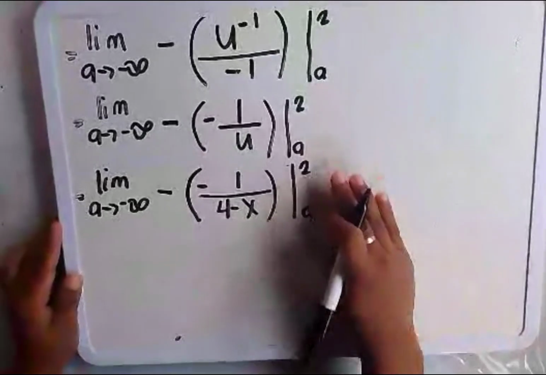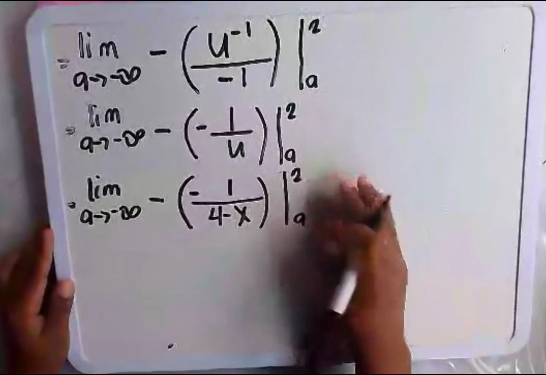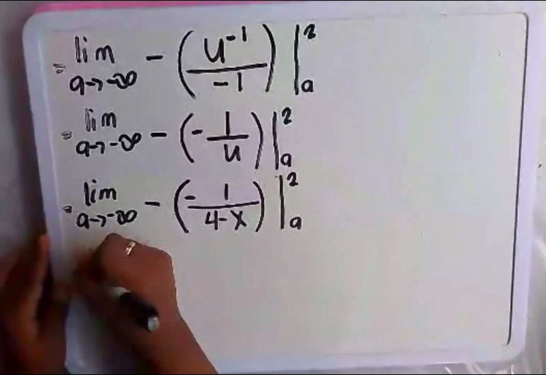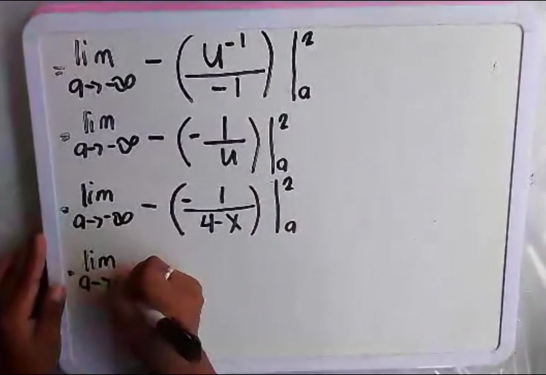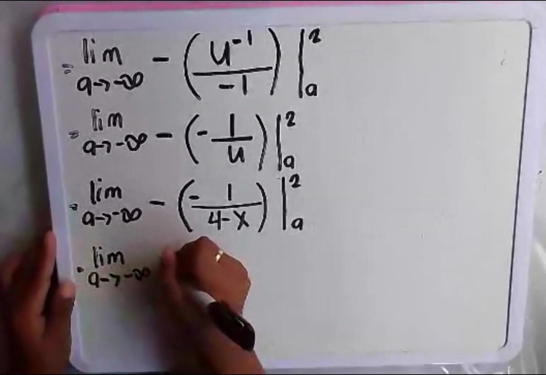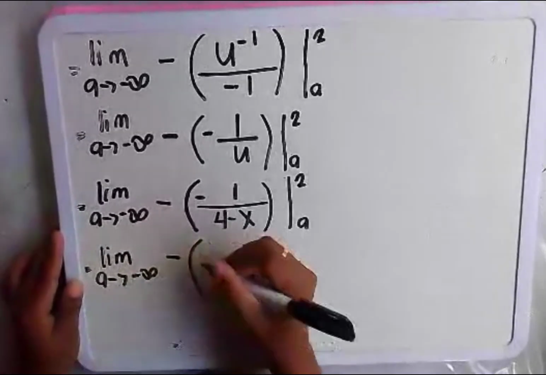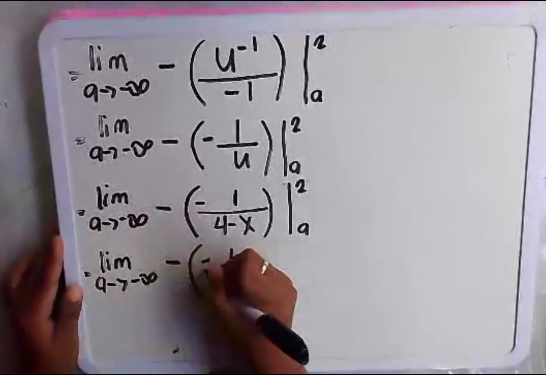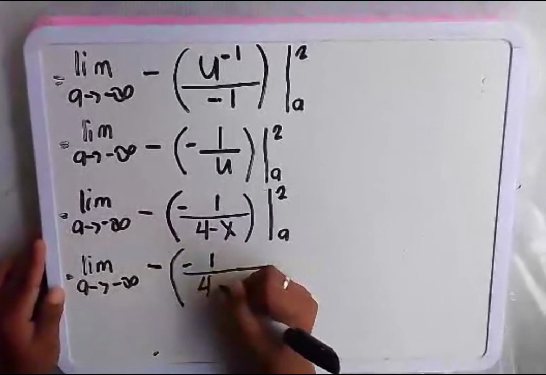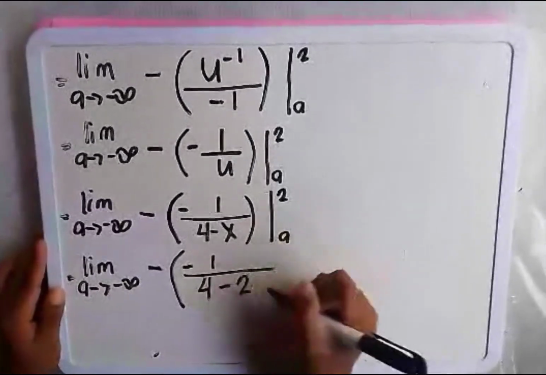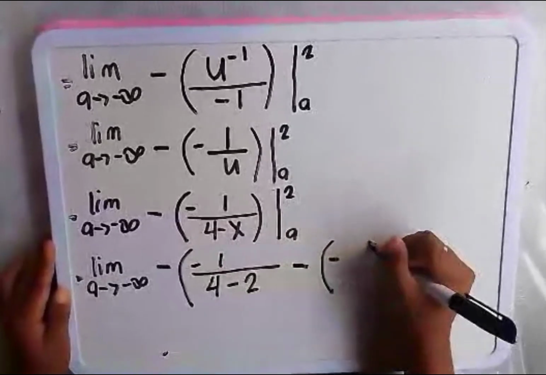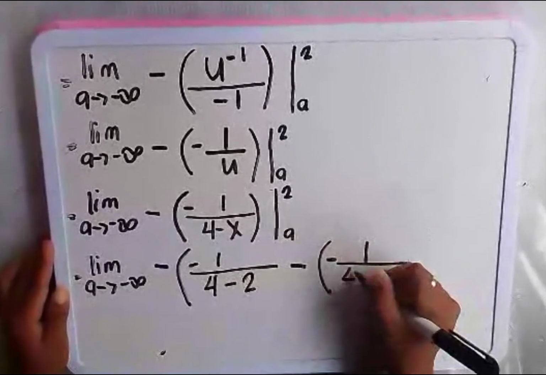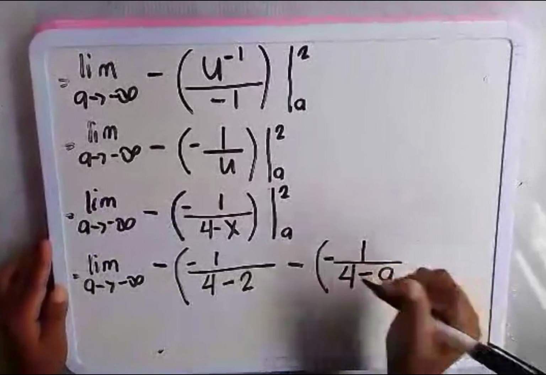And then, substitute the given limit. So, we have the limit as a approaches negative infinity, negative times negative 1 over 4 minus 2, the upper limit, minus negative 1 over 4 minus a, the lower limit.